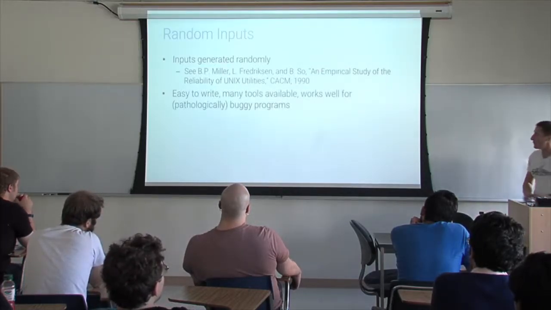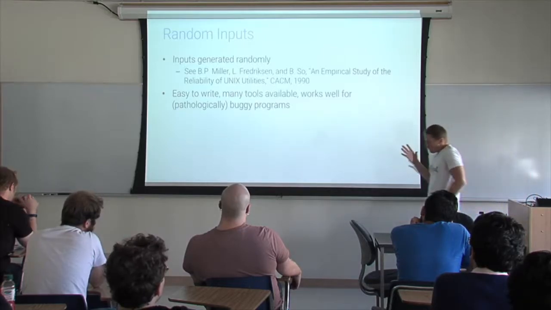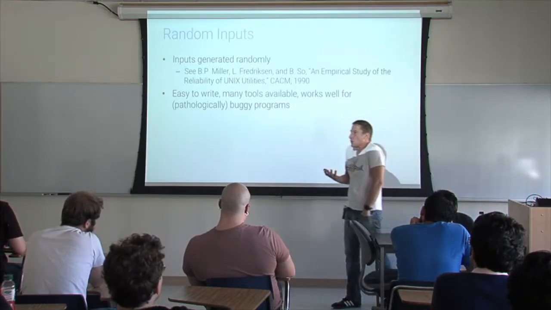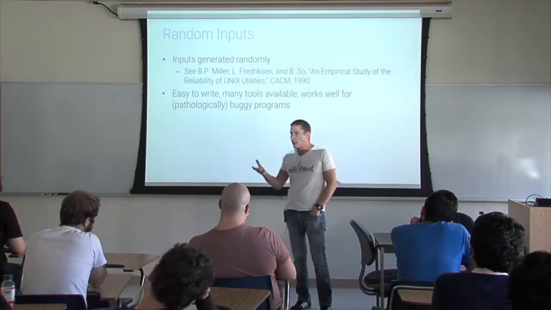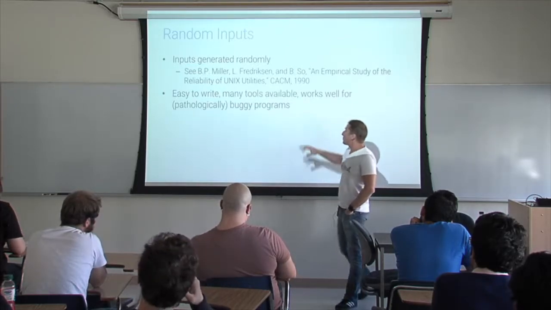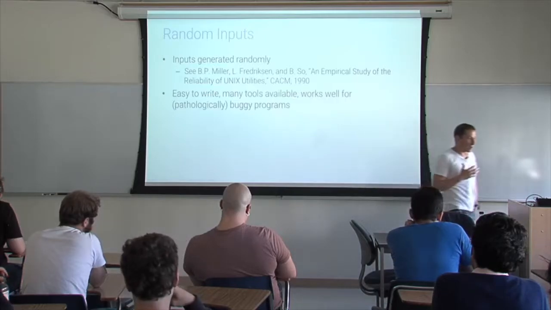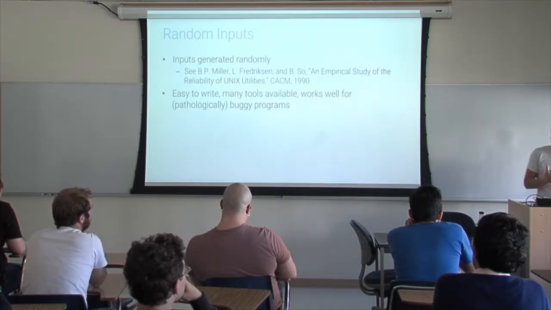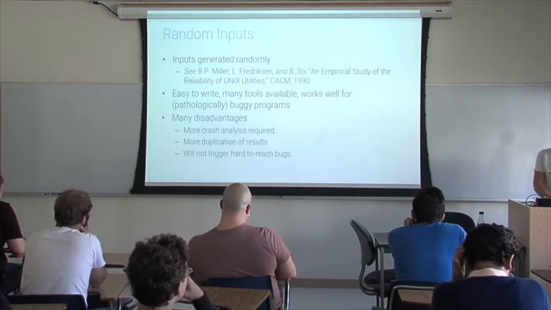So if you do this type of input generation, of course, it's very easy to write. Random stuff, pass it on, see what happens. The problem is that it works only with things that are really, really bad.